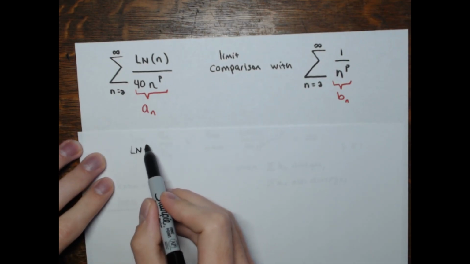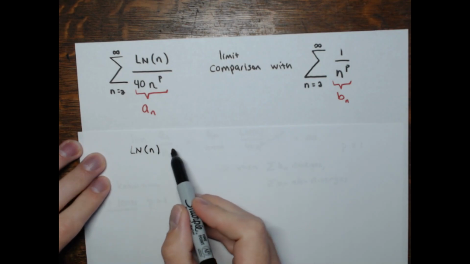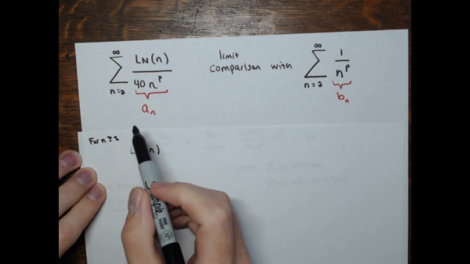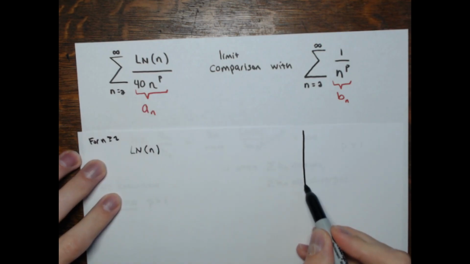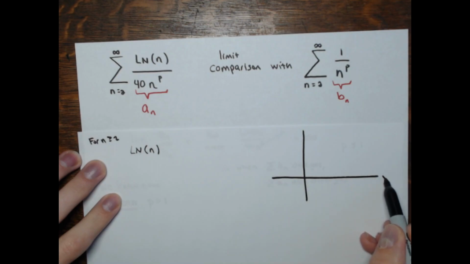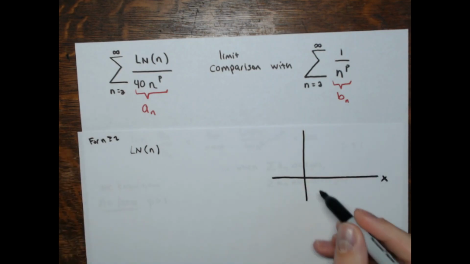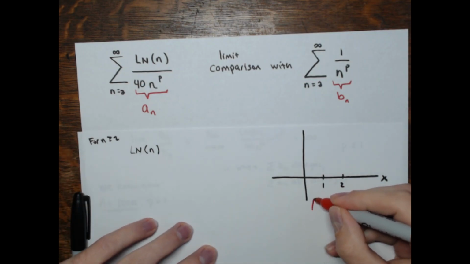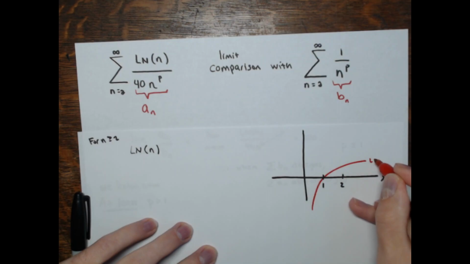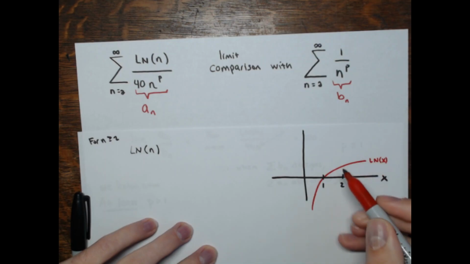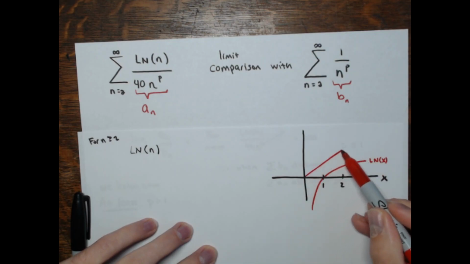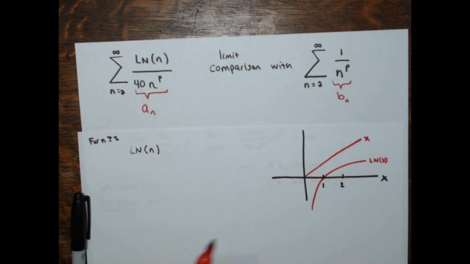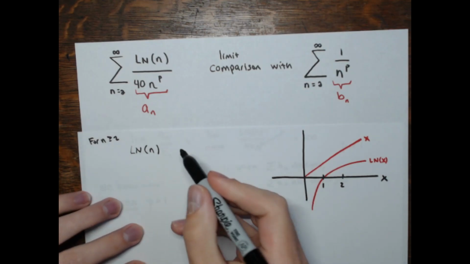Now, the natural log of n, for n greater than or equal to 2, when we're 2 or higher, if you look at the log function, that is log of x, your natural log function's doing this, and that's actually smaller than just x all the time. y equals x grows much faster than natural log of x.